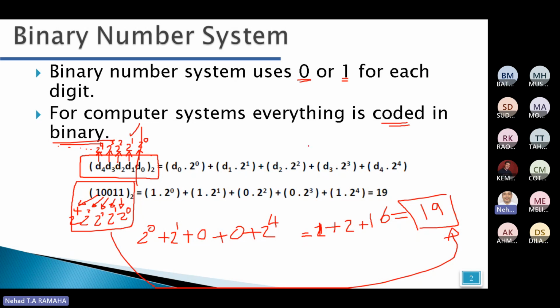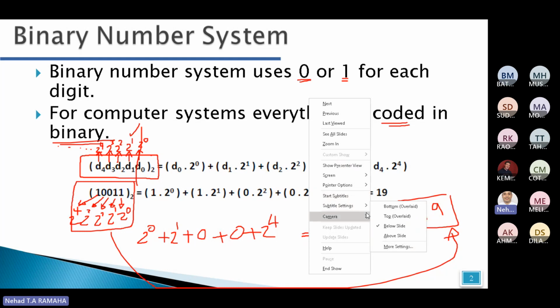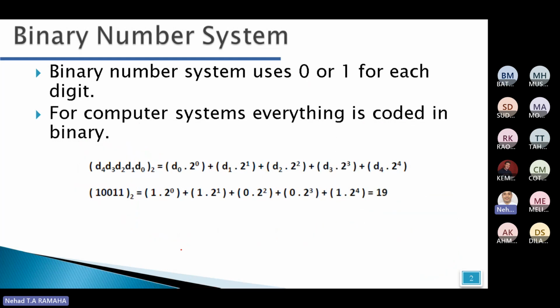We are speaking about the binary system, so the base is 2. The first one is multiplied by 2 power 0, which is 1, yes?